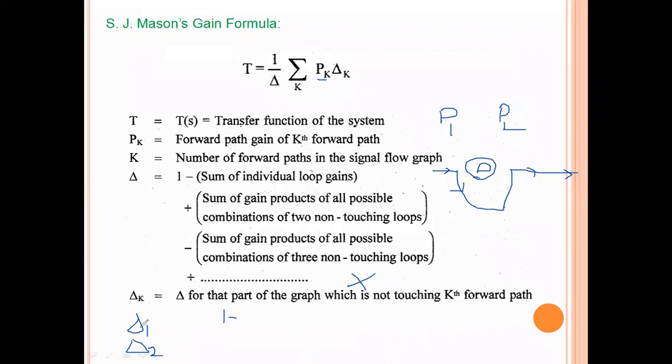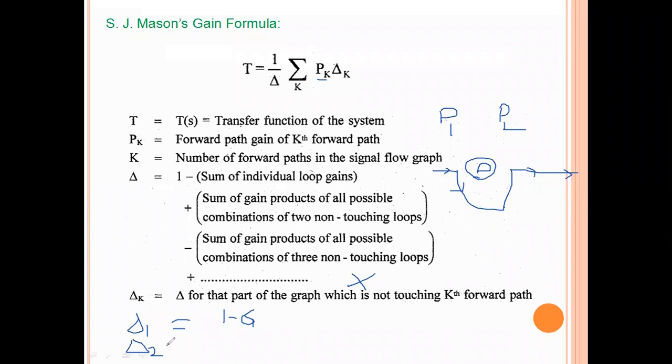Delta 1 is for the first forward path. Suppose this is the first forward path. We need to check whether any portion of the graph is not touching this first forward path. This part is not touching, so we write its gain, and delta 1 is 1 minus that missing gain.